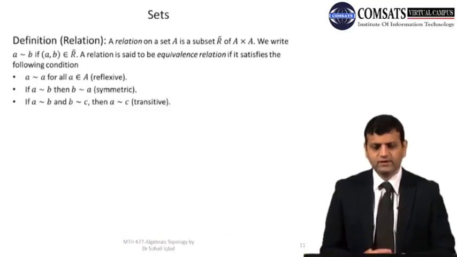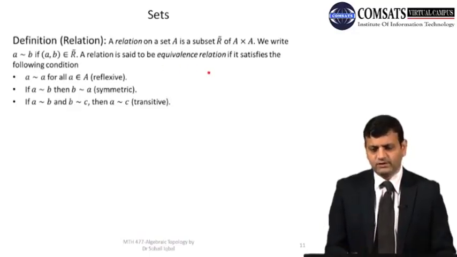A relation. So a relation on a set A is a subset R tilde of A cross A, and we write a related to b if the ordered pair (a, b) belongs to R tilde. So for example, if I have a set A to be {1, 2, 3}, then what is A cross A?